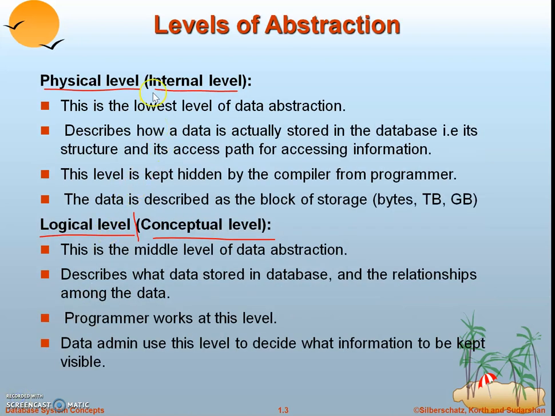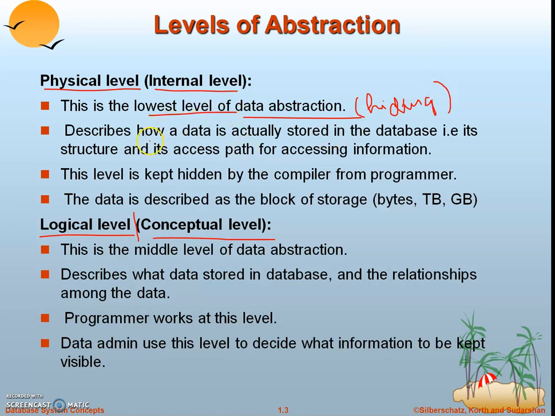The physical level is the lowest level of data abstraction. That means the hiding of complexity is very low, and most of the data is exposed at this level without any filtration process. So what exactly is happening at this point?